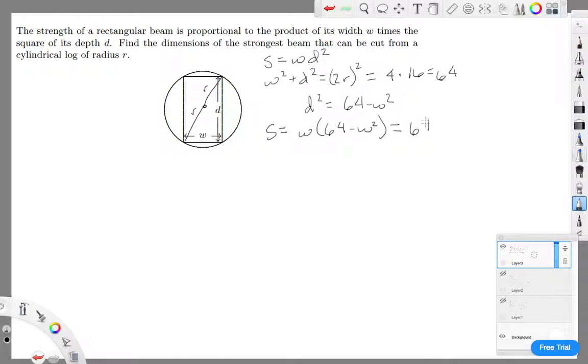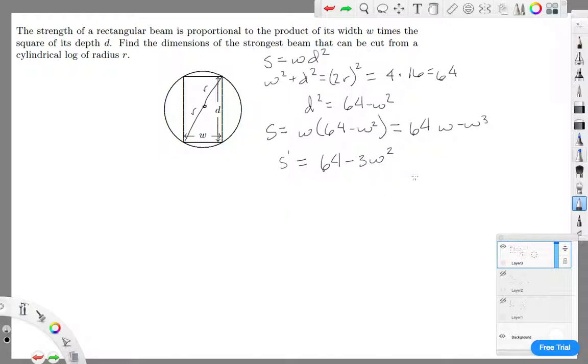We get 64 W minus W cubed is our strength equation. We'll take the first derivative of that. Let's call that S primed. And we get 64. Our first order variable disappears, bring down that power here, turn it into a coefficient, reduce the power by 1, and then we're going to set this equal to 0.